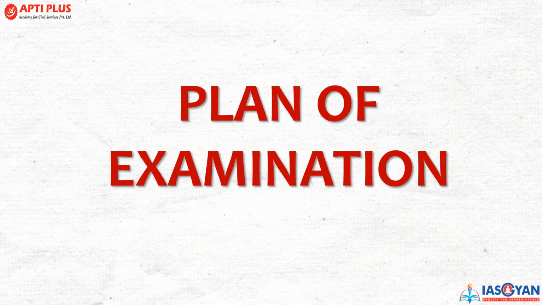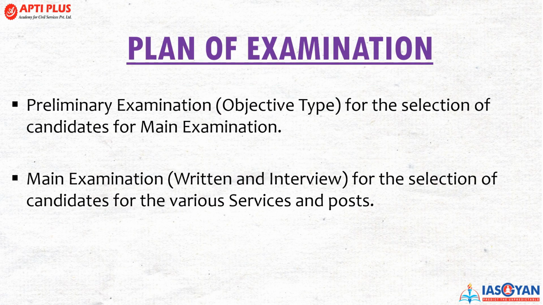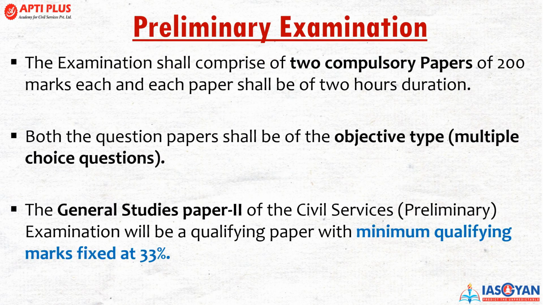Now talking about the plan of examination. In this plan of examination, I'll be giving you a brief on the prelims and mains. The prelims examination, as you know, is an objective examination which selects candidates for the mains examination, and the mains examination is a written examination, followed by an interview, for the selection of candidates for the various services and posts.